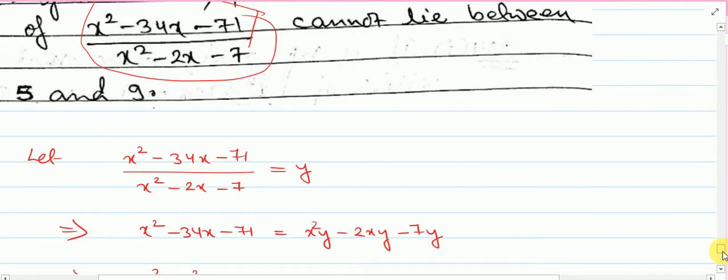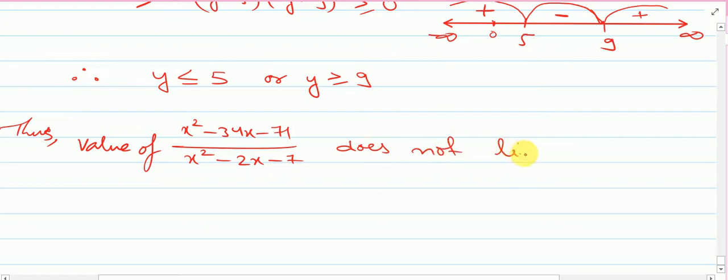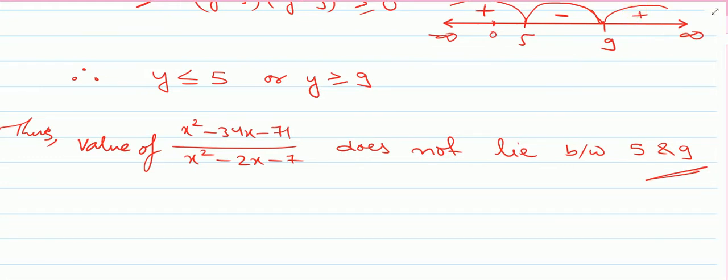Okay, yes, thus here we have to add thus, one second, thus value of this does not lie between, in short I'm writing between, between 5 and 9. Okay, so this proof is done.